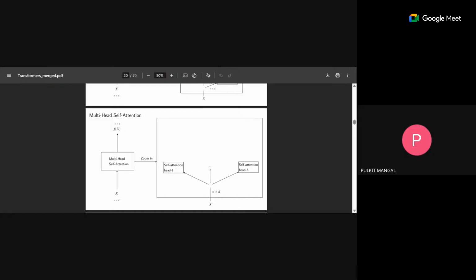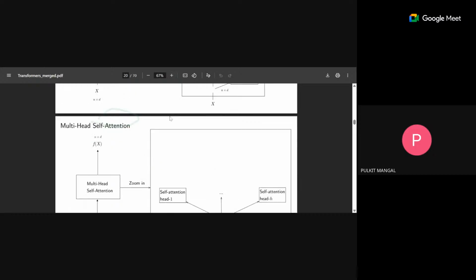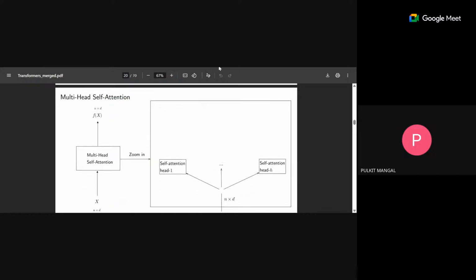So now we will look into the multi-head self-attention block. Here the input is again n cross t, as I said in the previous part, and the output is also n cross t.